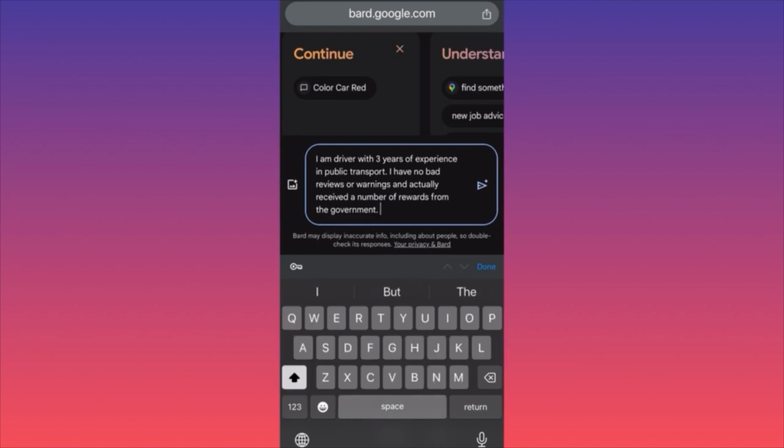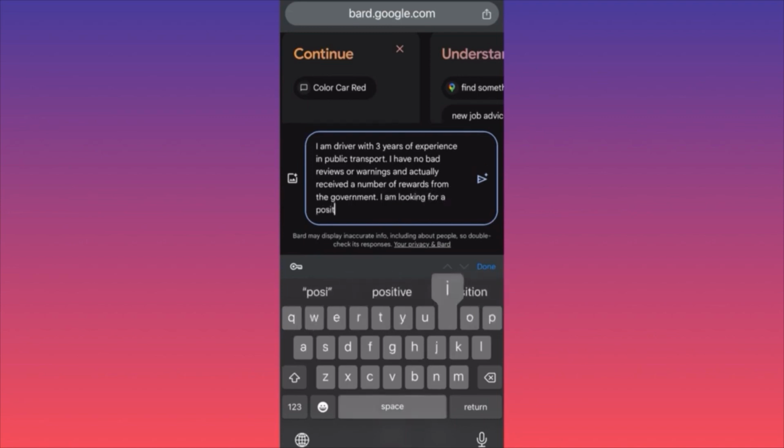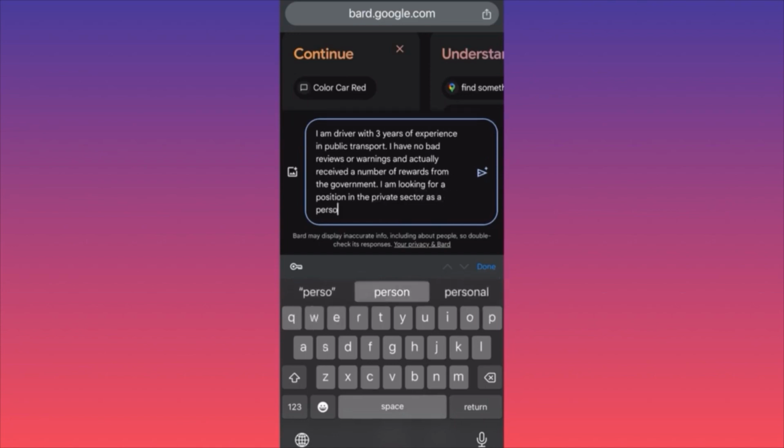Now you will let them know what you are looking for. "I am looking for a position in the private sector as a personal driver, as they get paid very well."